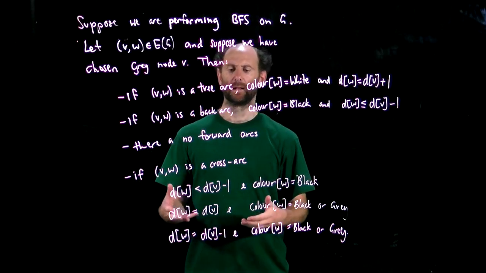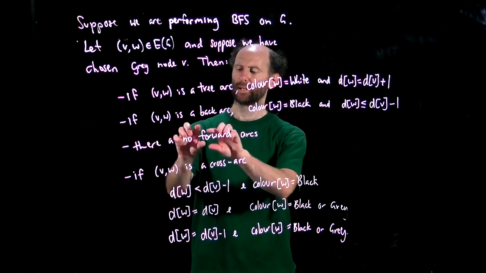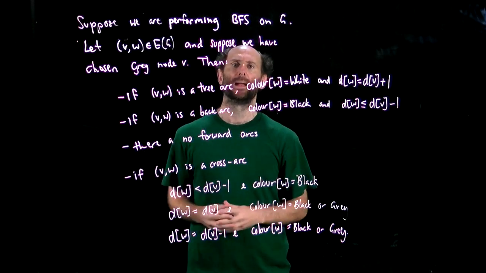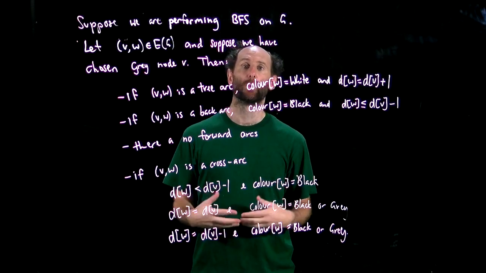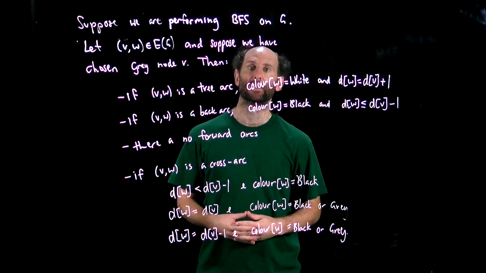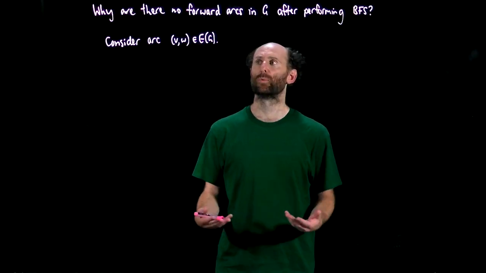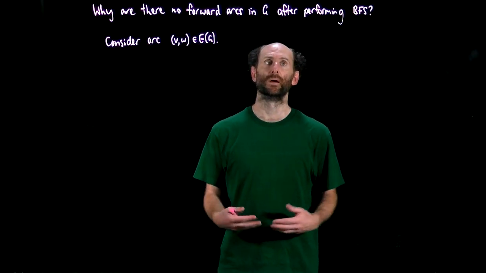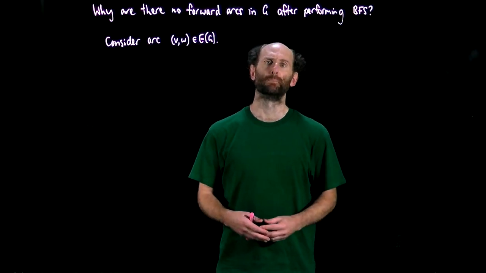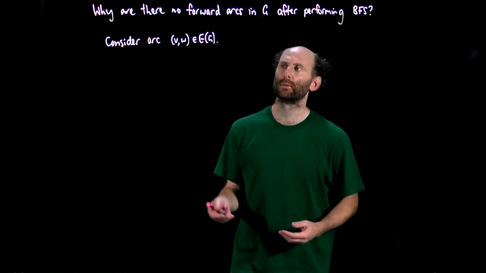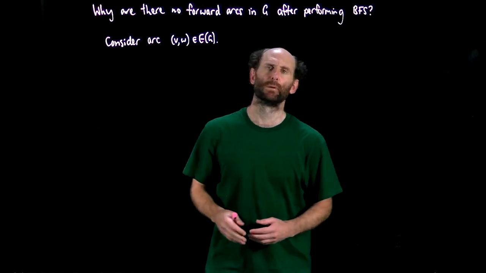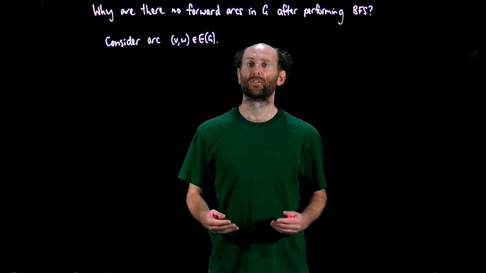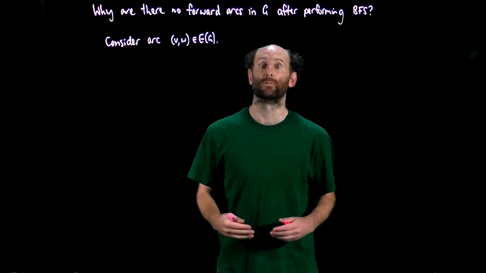We're not going to give a lot of proof for these, but let's just pick out this one and try and understand why there are no forward arcs in a breadth-first traversal. Okay, so why are there no forward arcs in G after we perform a BFS? Well, let's consider the arc VW in G, and suppose VW is a forward arc.